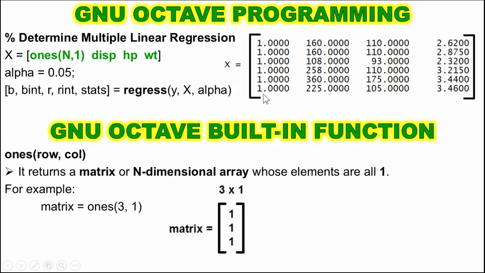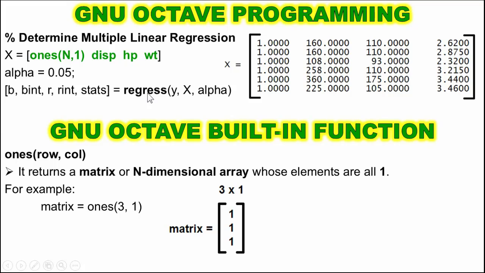The first column must have all ones, followed by the values of the independent variables or predictors, and then we pass the dependent values of y, which are the miles per gallon, and then the combined matrix variable capital X, and then the level of significance of error, which is 5% alpha.